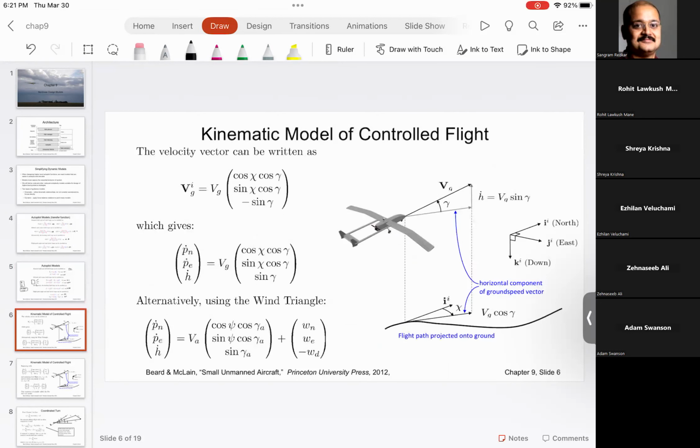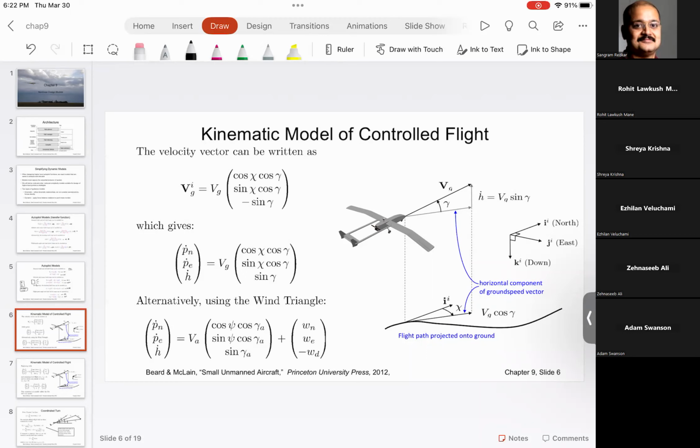Now, the next thing that comes into the picture is the kinematic model of controlled flight. And believe it or not, this is exactly what we studied in the previous chapter. We have the ground speed in the inertial coordinate frame, which is Vg, and then we have the course angle chi and the flight path angle gamma, which allow us to map the speed of the aircraft on the ground, as if the aircraft is traveling on the ground.